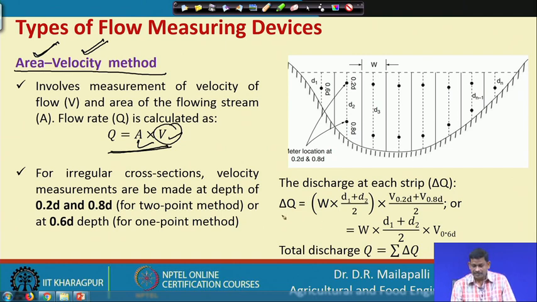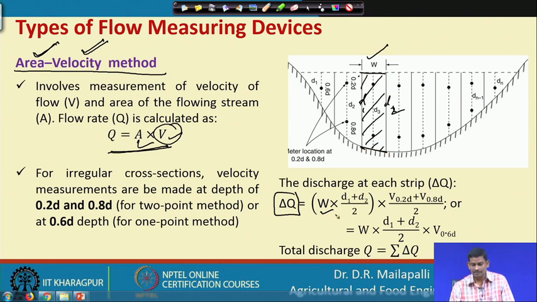Take a small section here, for example. The width is W, and let us say there are two depths, D1 and D2. The average of D1 and D2 gives the depth, and this gives a trapezoidal cross section.